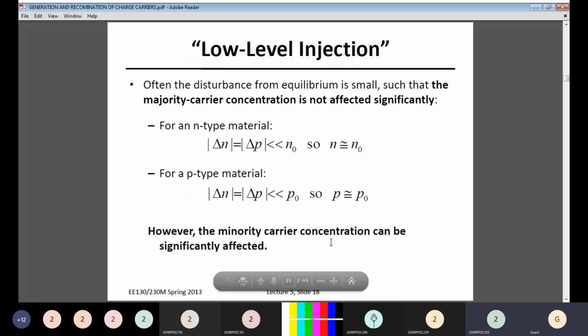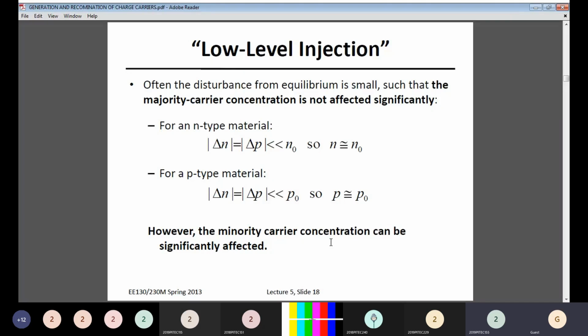Low level injection: the disturbance from equilibrium is small, such that the majority carrier concentration is not affected significantly. For an n-type material, delta n equal to delta p is very much less than n naught, where n is nearly equal to n naught.